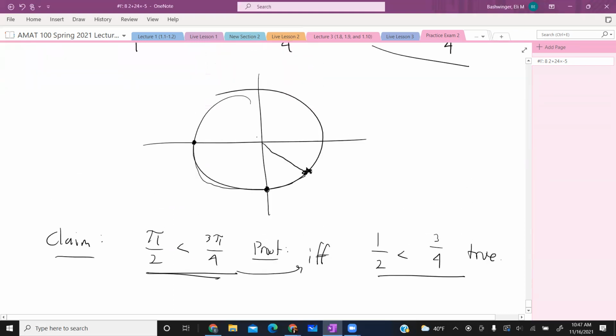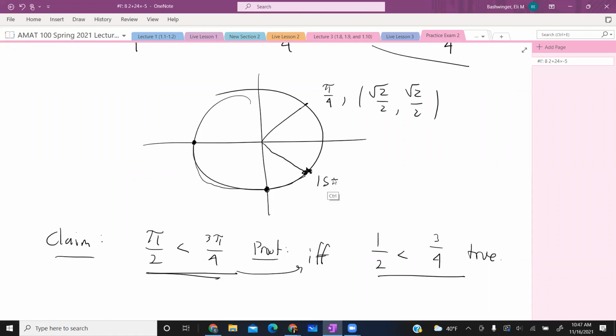So again, if we're in the 1st quadrant, the t-value of interest is pi over 4, and the coordinates for that are √2 over 2, √2 over 2. When you're in the 4th quadrant, the x coordinate is positive, but the y coordinate is negative.